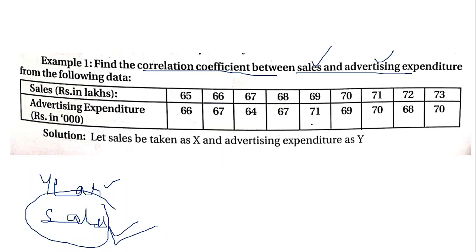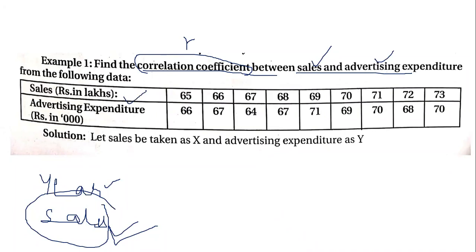So to find that out, we have to find the correlation coefficient, that is R. Find the correlation coefficient between sales and advertising expenditure from the following data.